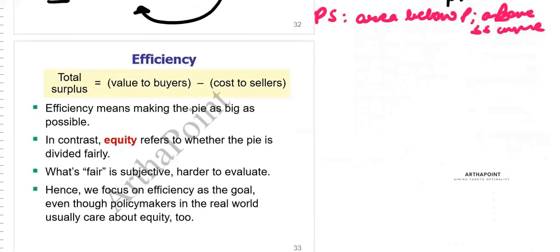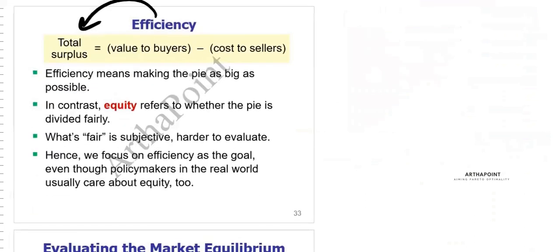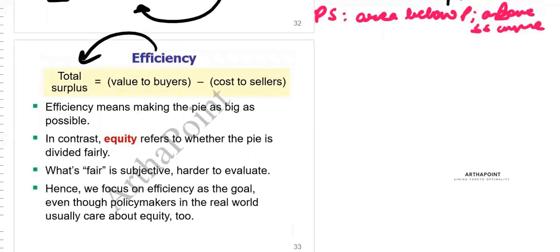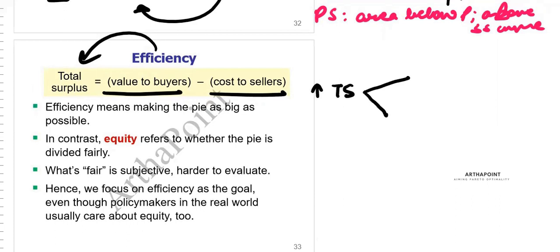So efficiency is basically dependent only on total surplus. And when we talk about total surplus, from the formula, we know that total surplus is value to buyer minus cost to seller. So in order to increase total surplus, there are only two ways to play around this. Either you decrease the cost to seller.